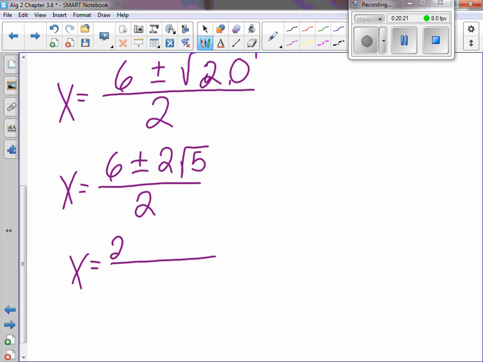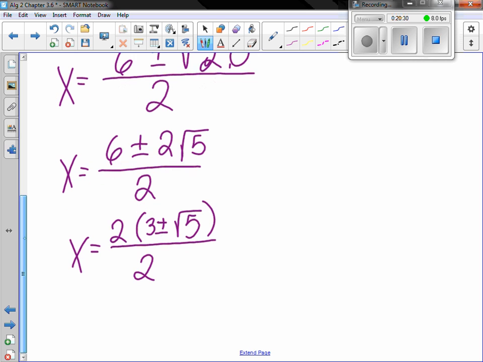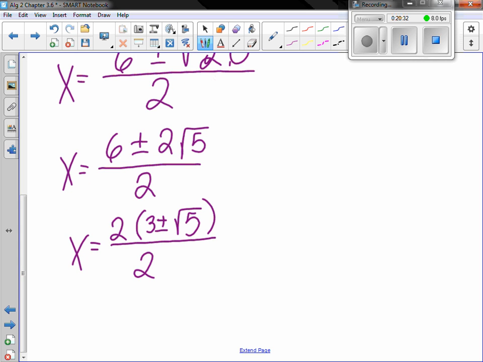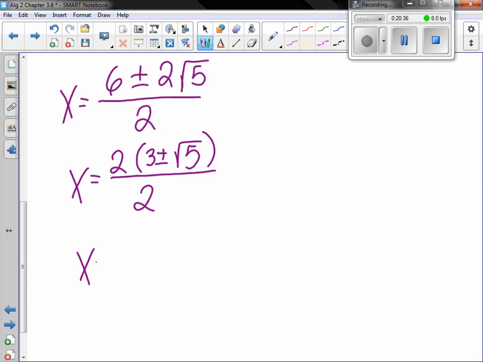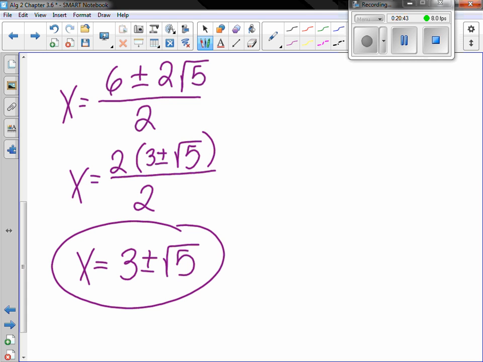So I can factor it out of the top, which leaves us with 3 plus or minus the square root of 5 over 2. Well, 2 divided by 2 would give me 1. So it actually just simplifies down to this here. 3 plus or minus the square root of 5 is our answer.